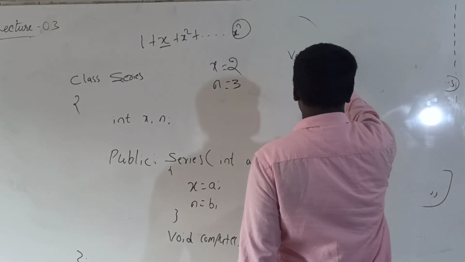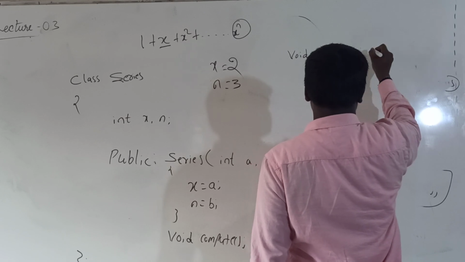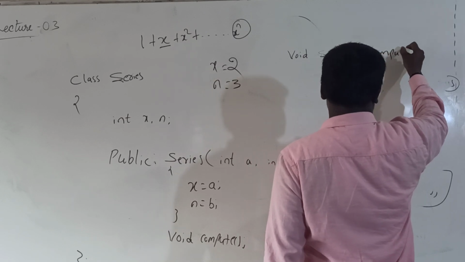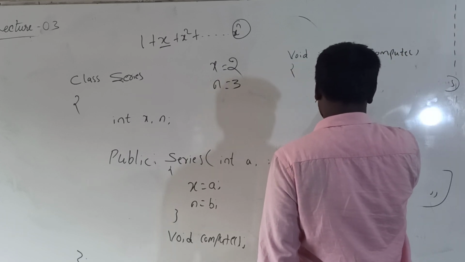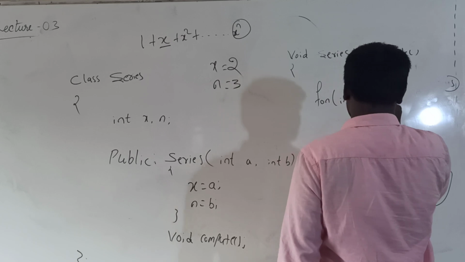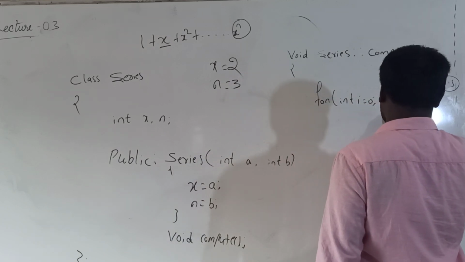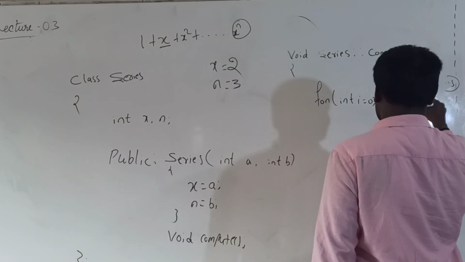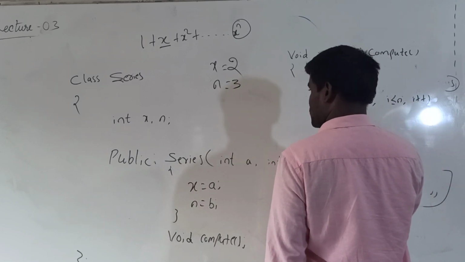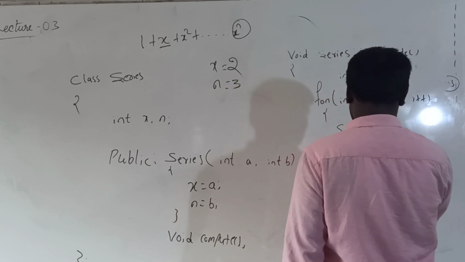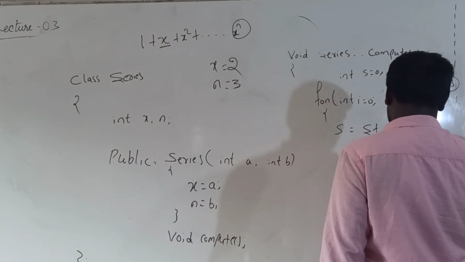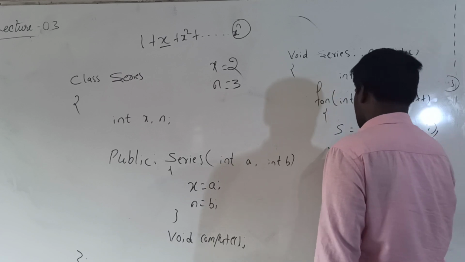void series scope resolution, for int i = 0; i <= n; i++, int s = s + power of x comma n.